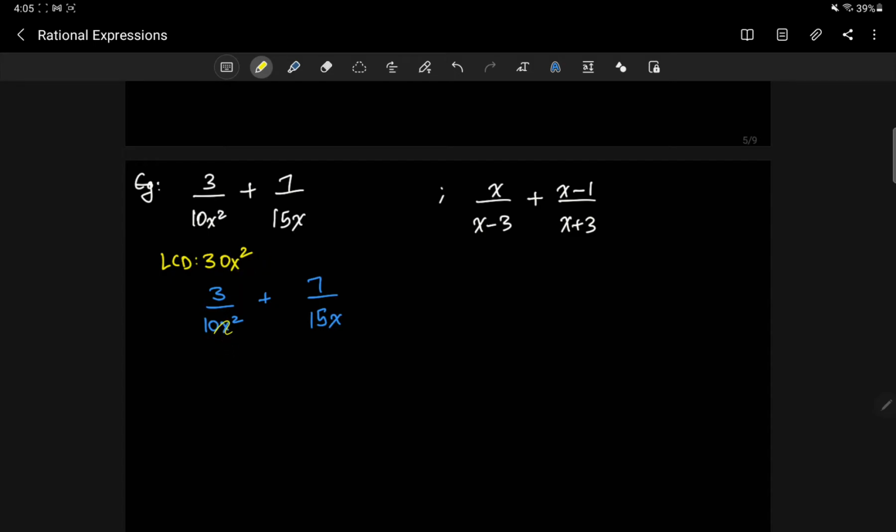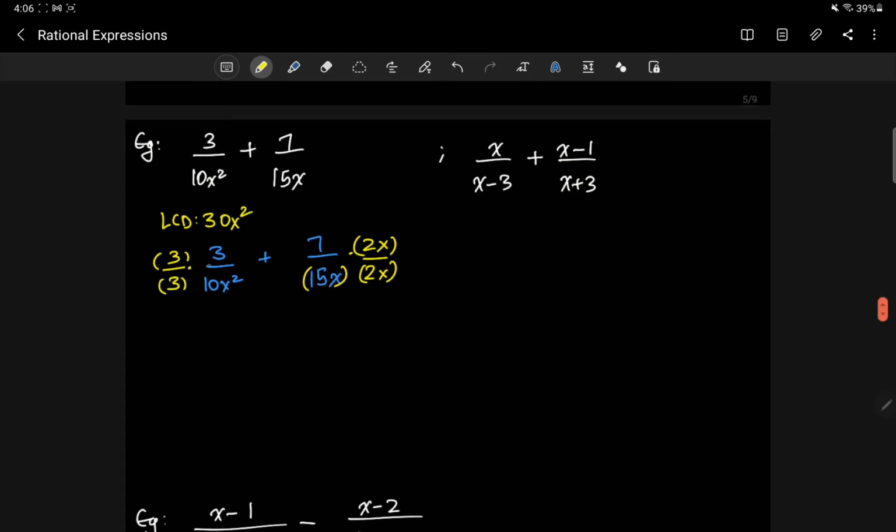So I have to figure out what I need to multiply 10x squared by to get 30x squared. So that would be 3 and a 3 up top here. Similarly, what do I need to multiply 15x by? I have to multiply 15x by 2x. So this is 2x over 2x. And then what does that make it?